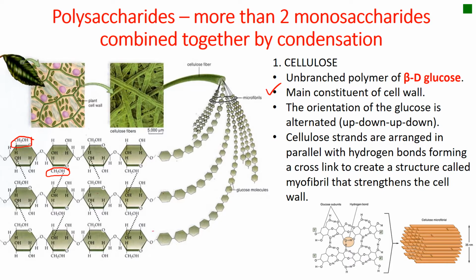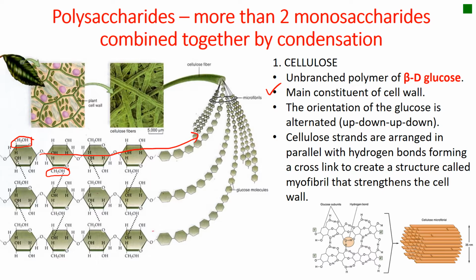If they do not alternate going up and down, they are not going to create a straight chain of polymer. You will see in the next slide that if it is not alternating, they will create a kind of helical structure. Meanwhile, the cellulose has to be straight, so that's why the monosaccharide, beta-D-glucose, has to be alternated.